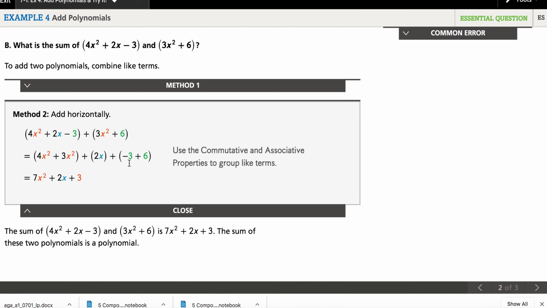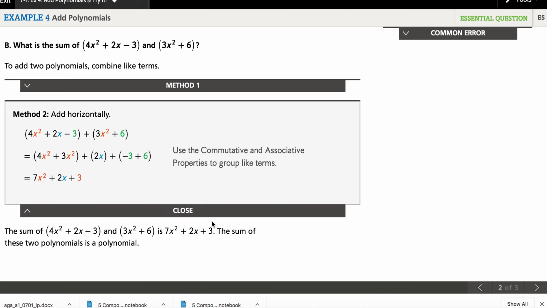Same as we did vertically, but we're doing this process horizontally. Whatever works for you, you can do it. And the answer is the same, 7x squared plus 2x plus 3.